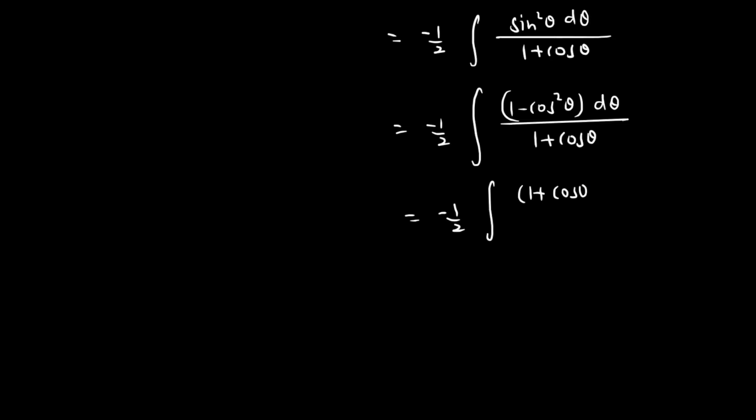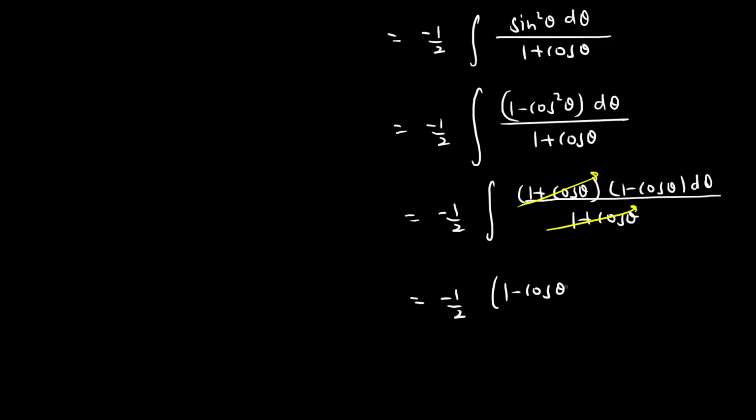So that can be written as 1 plus cos theta times 1 minus cos theta d theta over 1 plus cos theta. So one of this expression gets cancelled, and all we are left with is negative 1 over 2 integral of 1 minus cos theta d theta, which can be easily integrated, right?